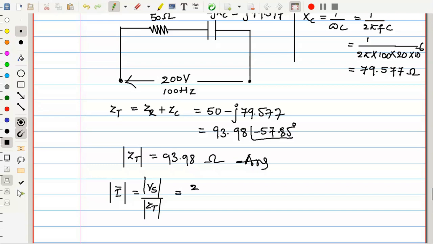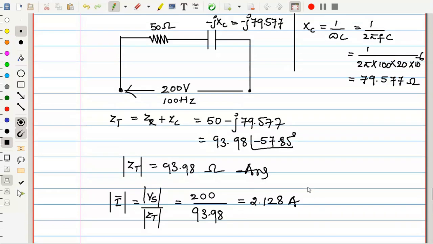How much? 200. Zt magnitude we just calculated, 93.98. So how much is this? 200 divided by this one, 2.128 amperes.